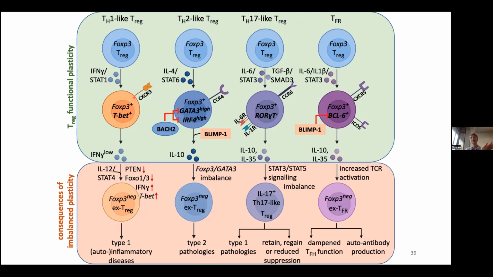So these Treg co-opt the lineage determining transcription factor of T helper cells, and are now double positive for FOXP3 and that transcription factor.